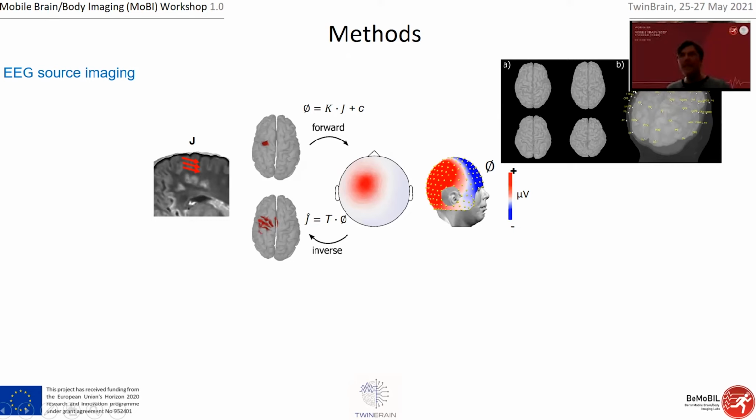And then, having these geometrical relations sorted out, you also have to insert and select specific values for different tissues in the head, which lie between your brain sources and the scalp recordings. And if you have that done, you can formulate mathematically, and this is beautifully implemented in the toolbox, how every point in the brain would spread to every electrode on the scalp. And then you can take this relationship and try to invert that.